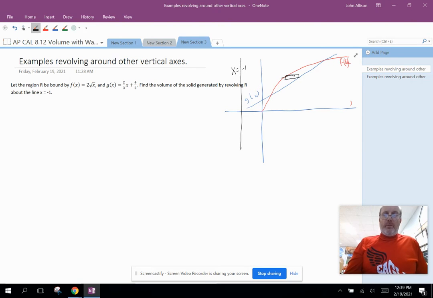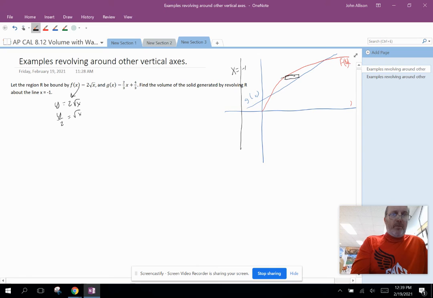So as we always do when we're dealing with rectangles perpendicular to the y-axis, we're going to solve these equations for x so that we can invert the axes. This is y equals 2 square roots of x. I'm going to divide both sides by 2 and square both sides and get x equals y squared over 4, or 1/4 y squared.